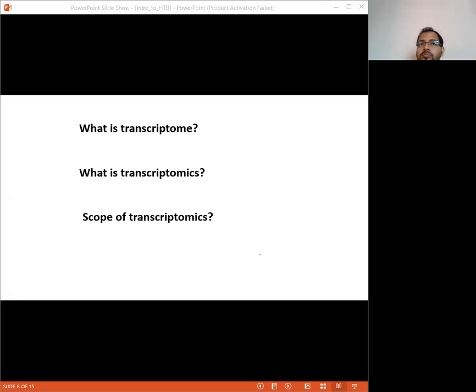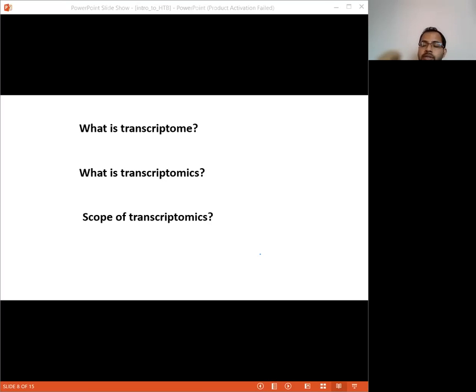and this transcriptome can vary with different experimental environmental conditions also, right? So that should be remembered. And the expression levels of the RNAs are also not fixed. Okay, that is also dynamic.